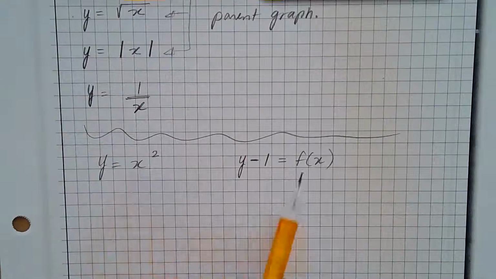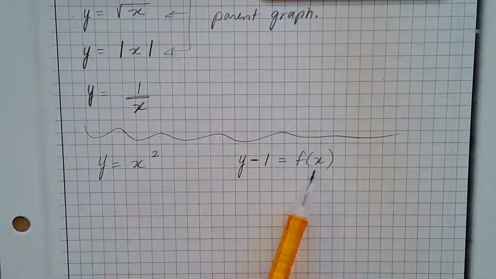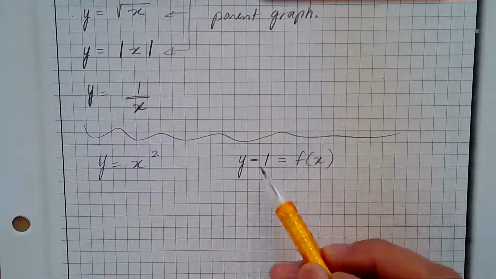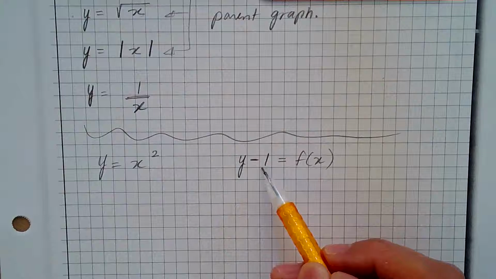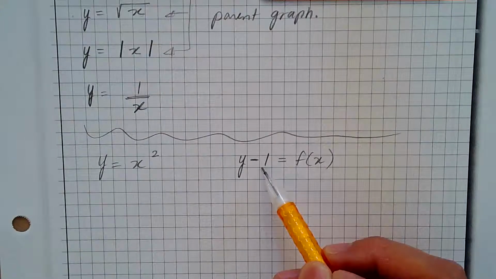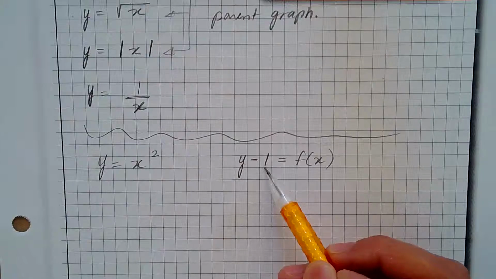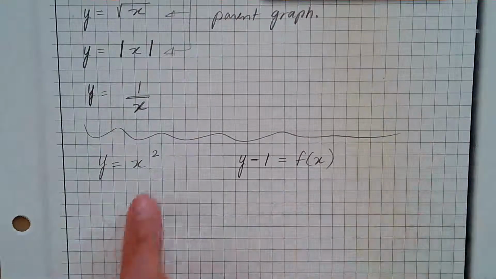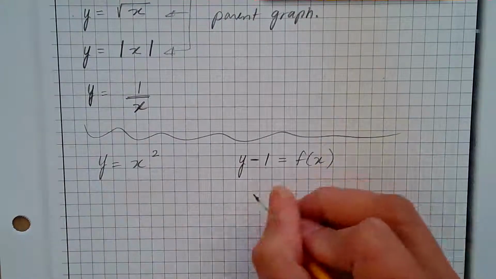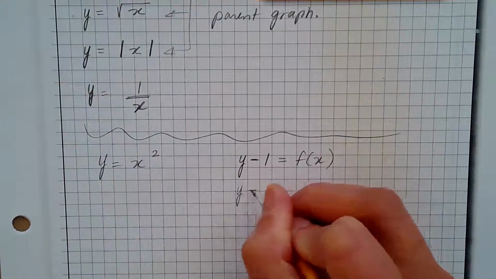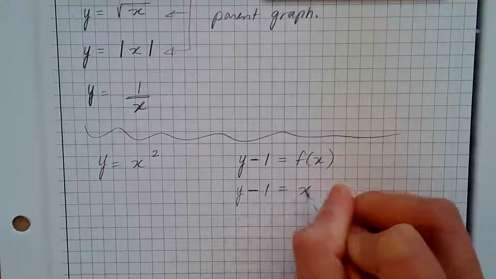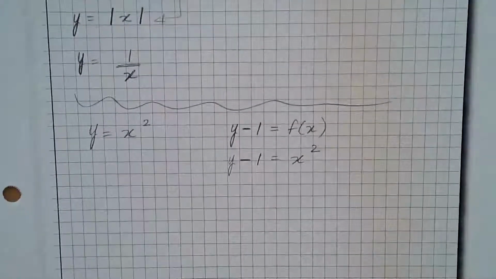So you're going to substitute x squared right here, right? What's happening in here? This is a transformation. What's happening here? Up 1. Okay. So if I put that there, you're going to get y minus 1 equals x squared.